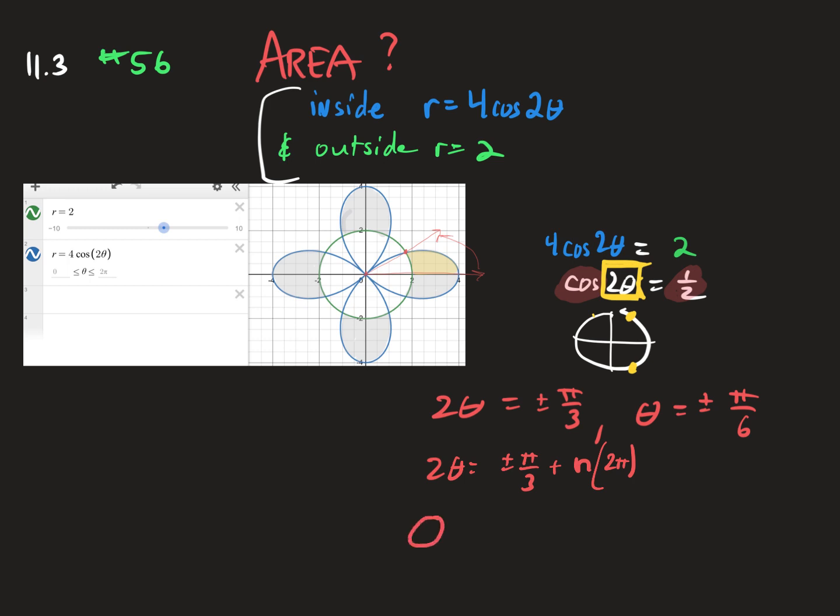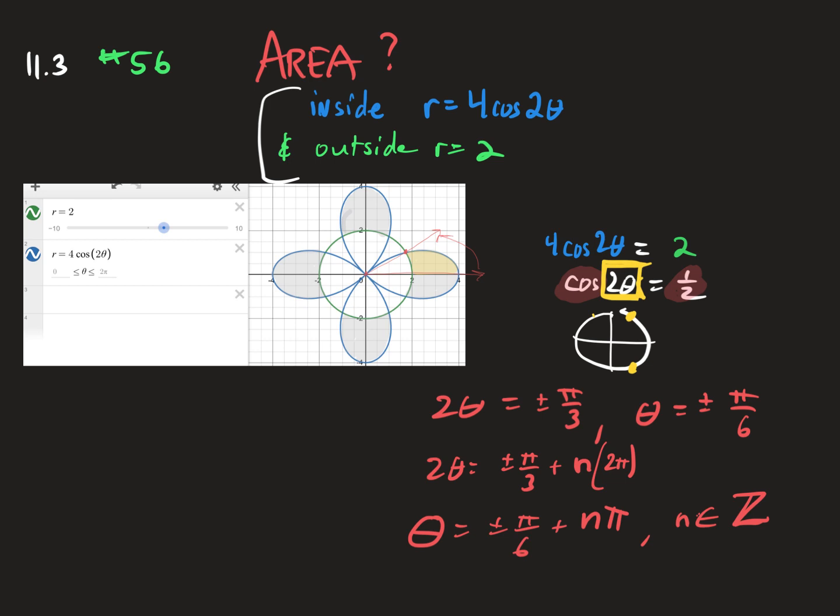And therefore, if we multiply both sides by a half, it's positive or negative pi over 6 plus n times 2 pi times a half, or just n pi, where n can be any integer, which means positive or negative whole numbers.